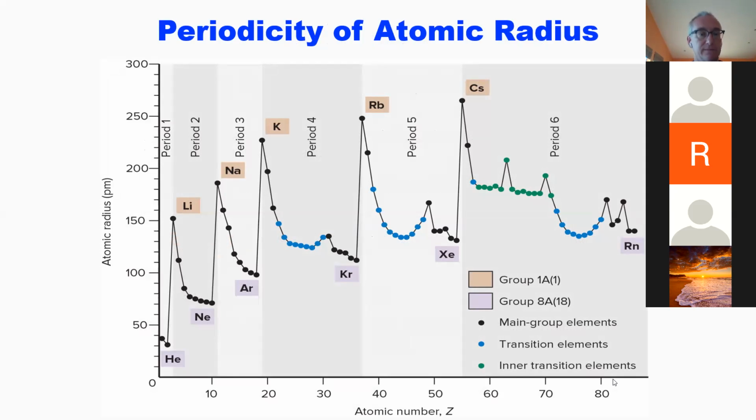One of the most dramatic is that every time you add a new shell here, and here, and here, we're just adding 1 to the number of shells, and you can see how they jump up in size. It nicely explains how it's much easier for these particular elements to lose that 1 electron so easily.